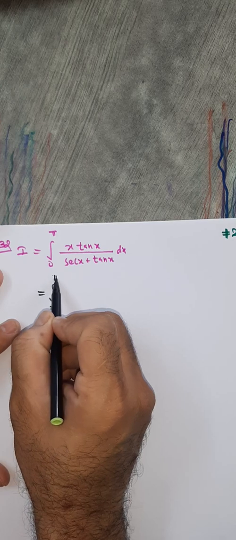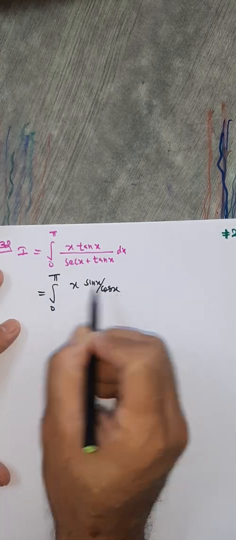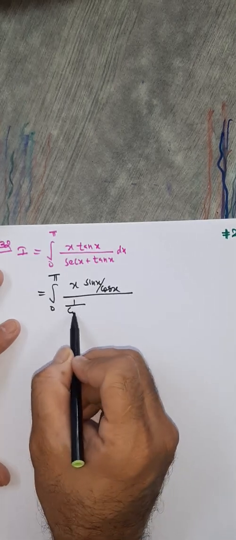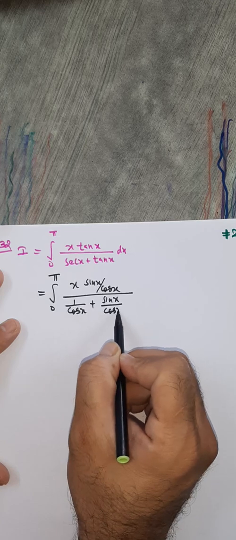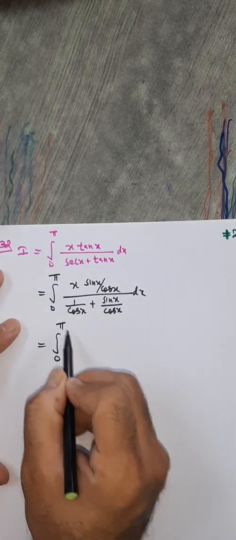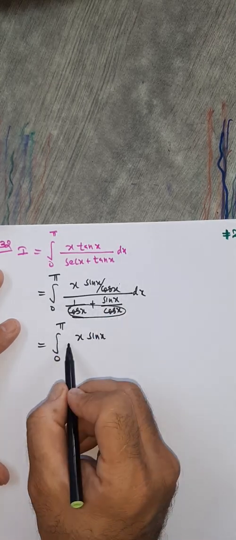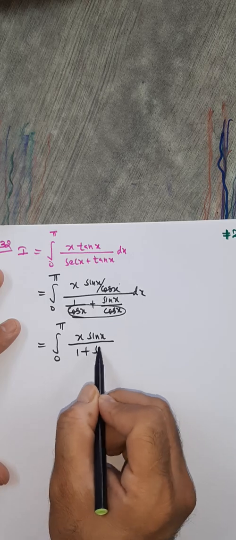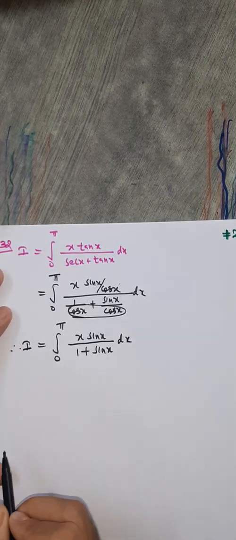So 0 to pi x sine x upon cosine x upon 1 by cosine x plus sine by cos. So cos will get cancelled after taking LCM. So we are just getting 0 to pi x sine x upon 1 plus sine x, this cosine and this cosine get cancelled.